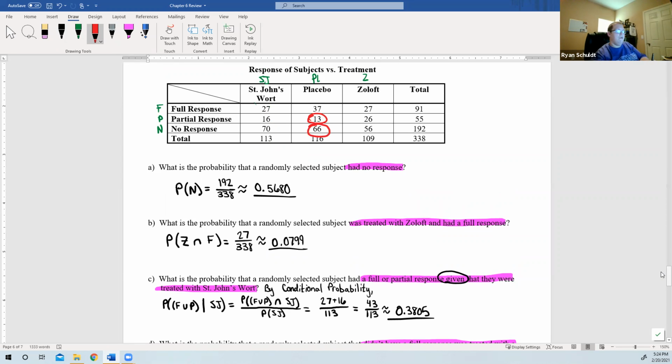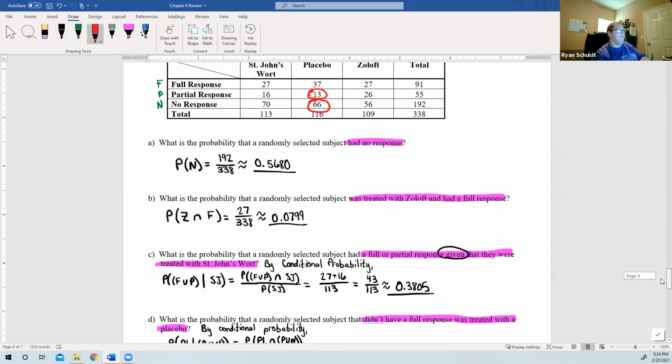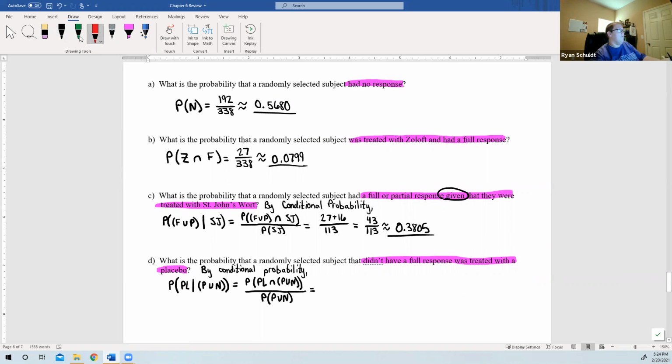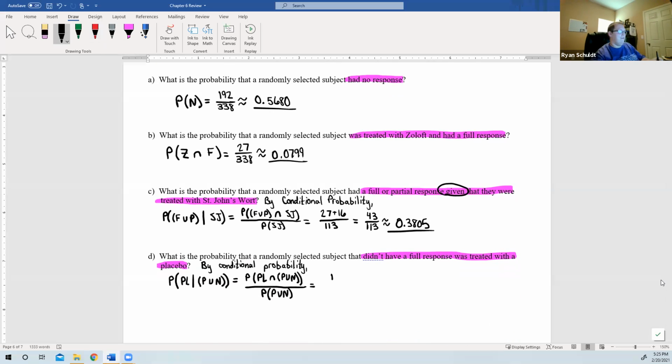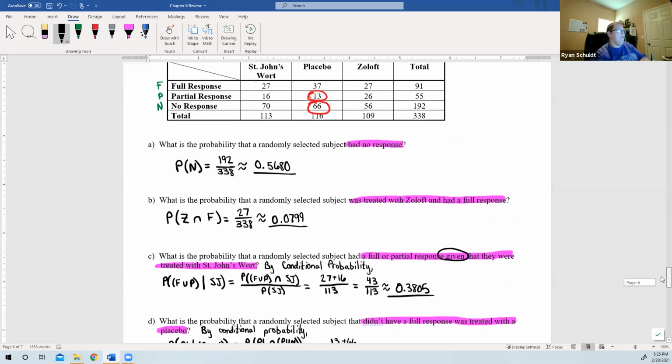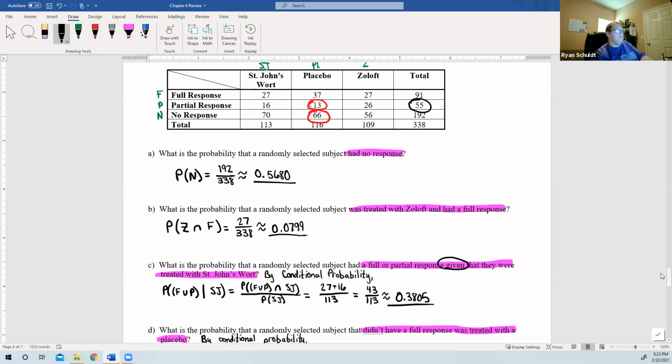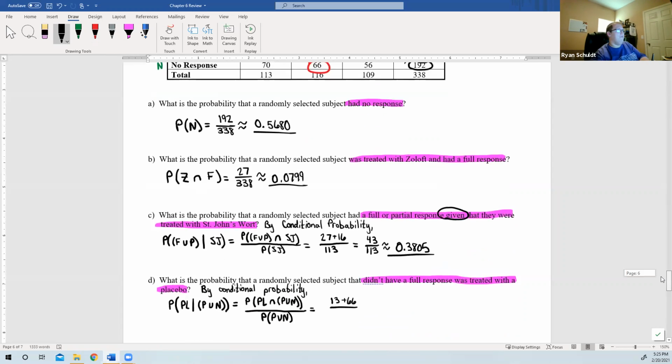So 33 out of 33 plus 66. Those are the ones that meet this one. Wait a minute, 33 or 13? My bad, 13 and 66. So 13 plus 66, over the probability that they had partial or none. Partial or none, so 55 plus 192.